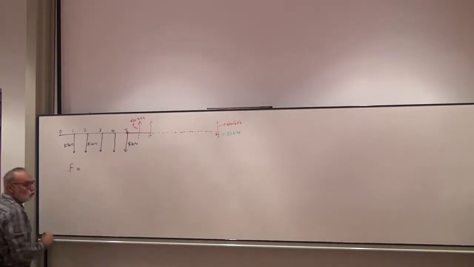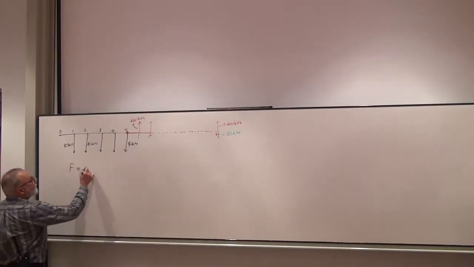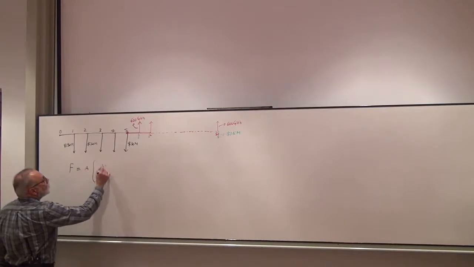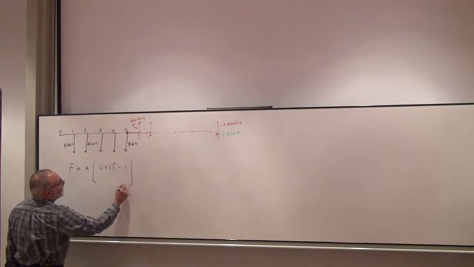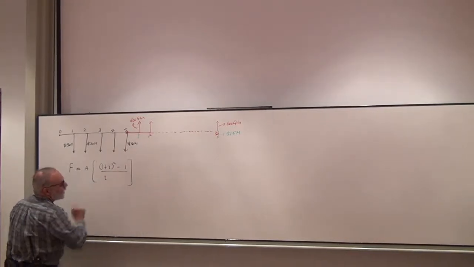F is equal to A into (1 plus i) raised to power n minus 1, divided by i.